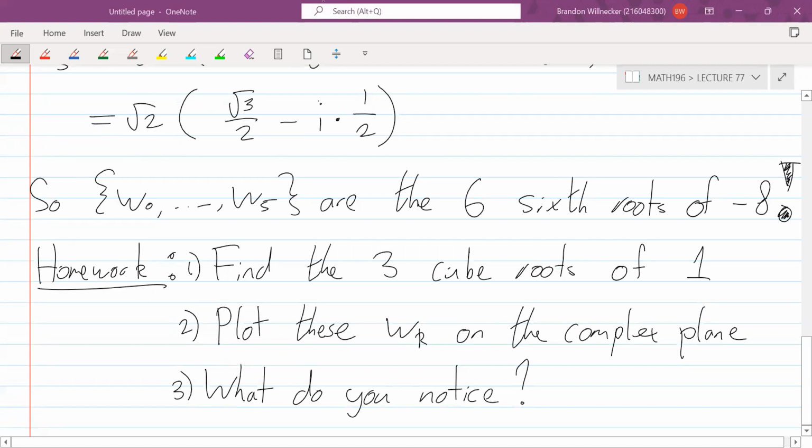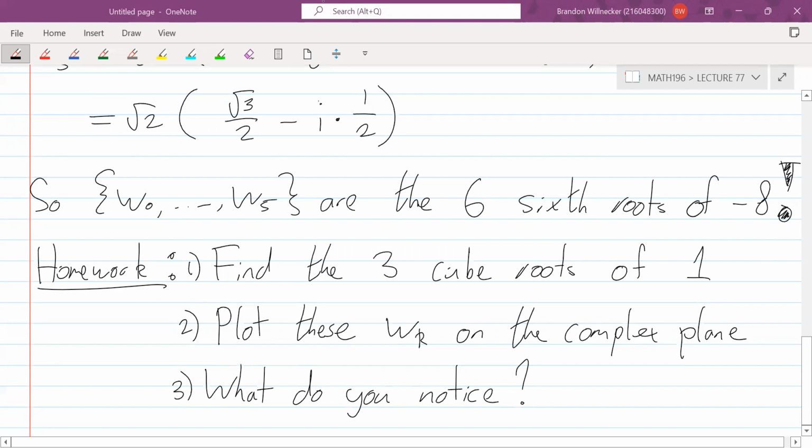You can try it out for the 4 fourth roots of 1, and you will see something similar. I don't want to spoil it yet. So give this a go. Plot them, and then just see what you notice if you plot the 3 cube roots, and if you want to try it out, the 4 fourth roots.